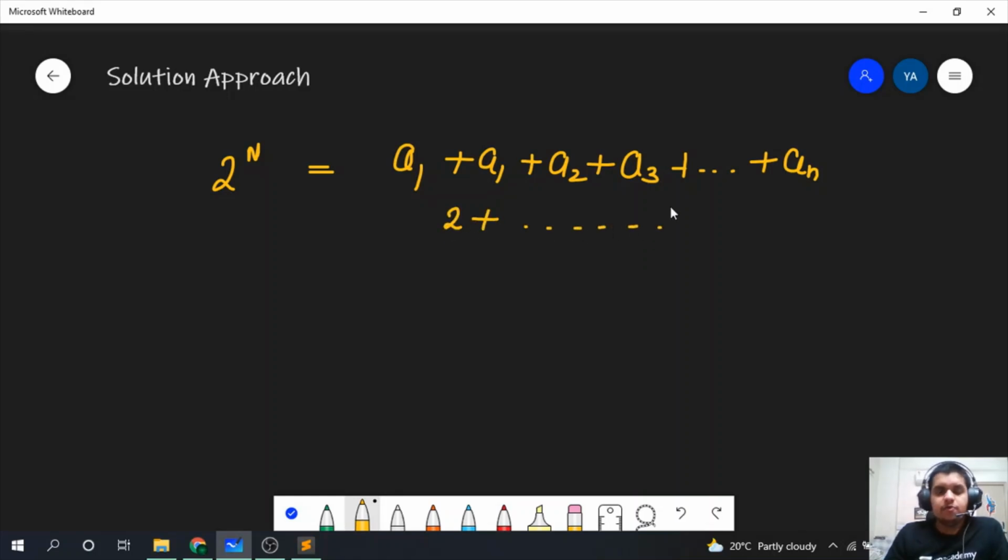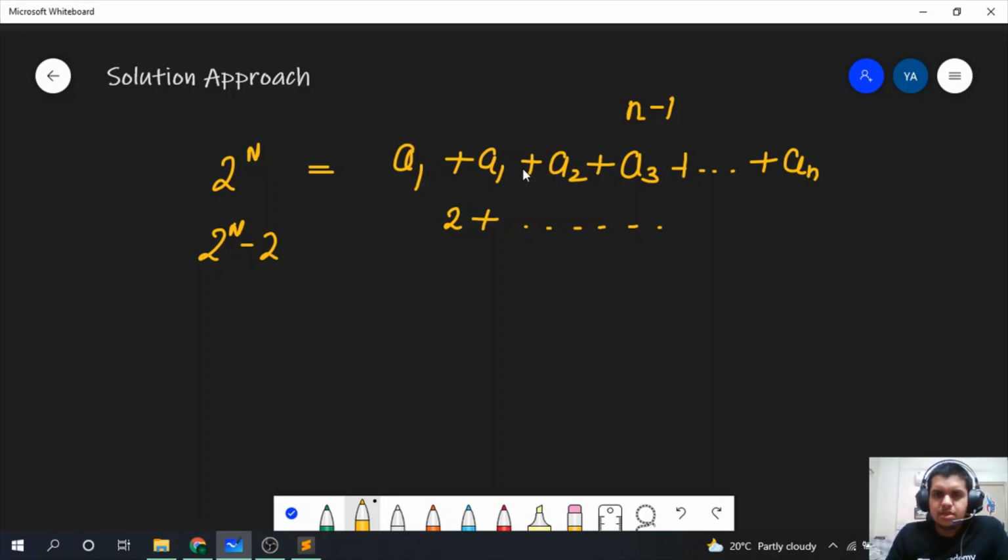These are n minus 1 numbers, right? If we only take even numbers for these, then we can definitely make an even total, because 2 to the power n is going to be even. 2 to the power n minus 2 will also be even, right? So we can always take these numbers as even.